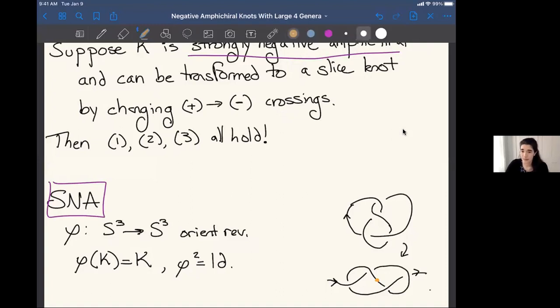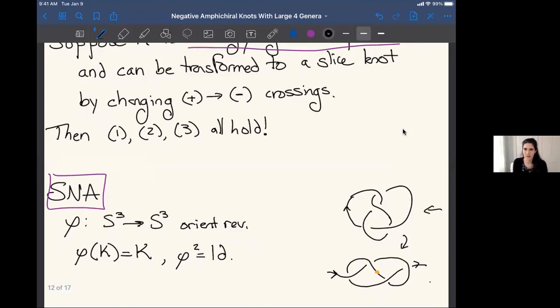So what's an example of that? The figure 8 knot is sort of the quintessential strongly negative amphichiral knot. It's a little bit harder to see from this upper picture, but if we take this diagram, and remember, this diagram on S2 is the right way of thinking about it, what you can do is first rotate 180 degrees about the marked point, and then reflect in the plane of the diagram.